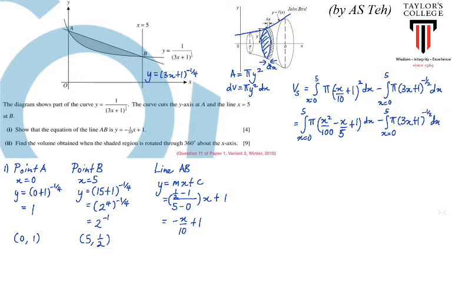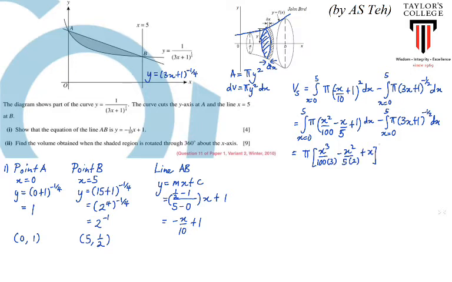The integral for the left side is easy. This gives me pi times (x cubed over 300 minus x squared over 10 plus x).